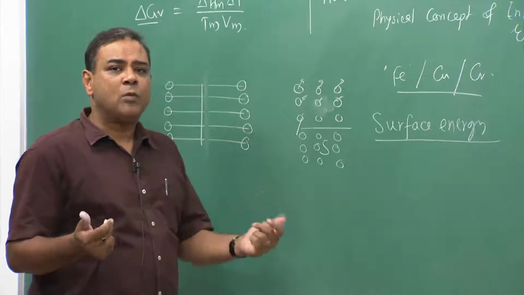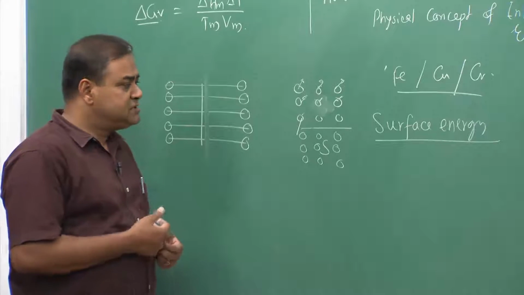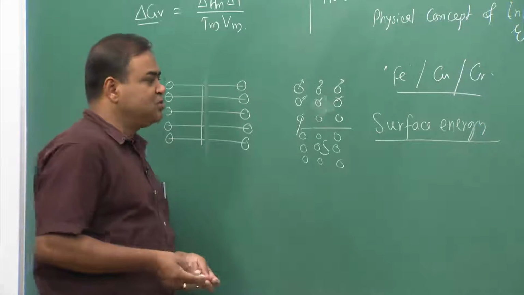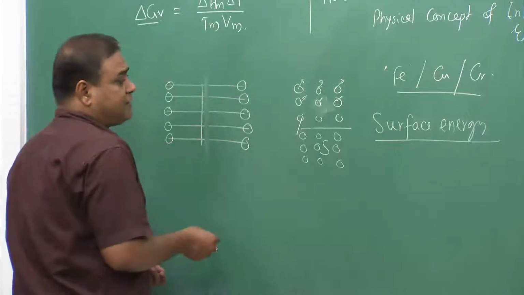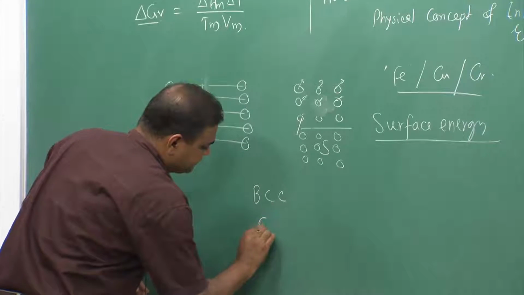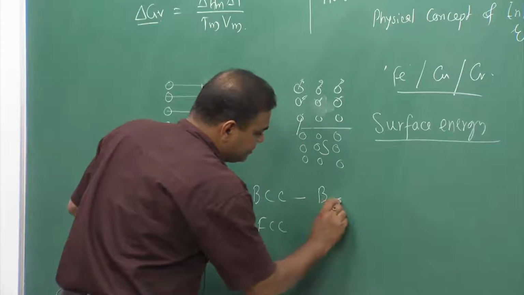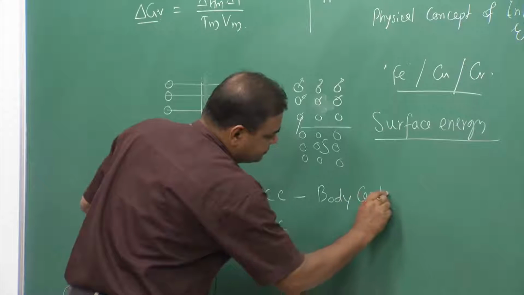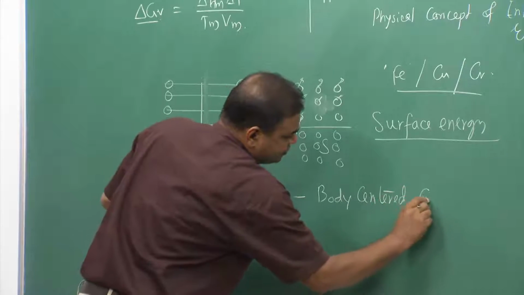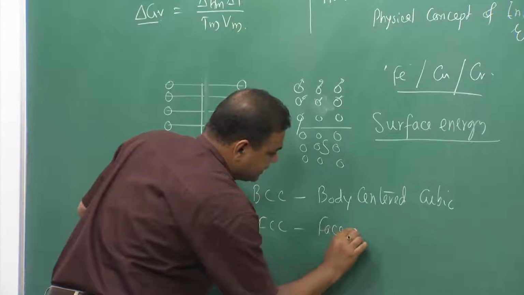So, those are very commonly used metals. They have generally a simple structure. Those structures, you might have heard those names, either BCC or FCC. We have already seen that BCC is body centered cubic, and this is face centered cubic.